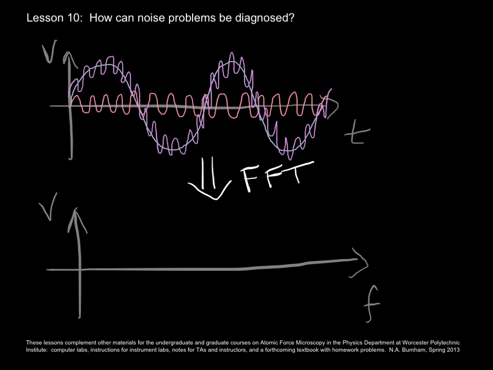There's some shown in purple, and if we take the Fourier transform of this, what we get is one strong peak at what's called the fundamental frequency, the lowest possible frequency that can fit, and then another higher frequency peak. I tried to draw that rose signal at about 5 times the frequency of the fundamental. And so you can see here that the purple signal is simply the sum of two frequencies.